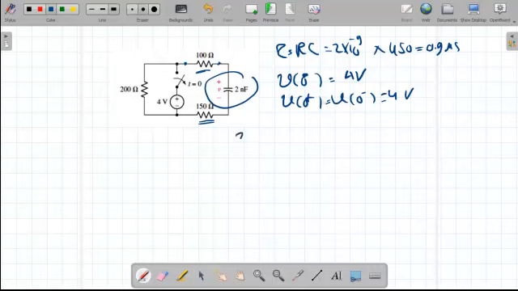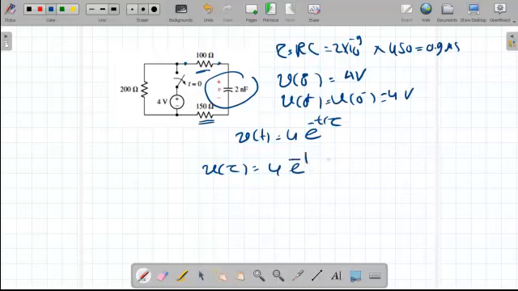Now our expression for V(t) will equal 4 e to the minus t over tau. Tau is already given, 0.9 microsecond. Here we can straightforwardly say V at tau equals 4 e to the minus 1, because tau over tau equals 1, so it will equal 1.472 volt.